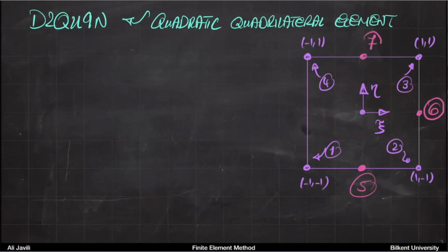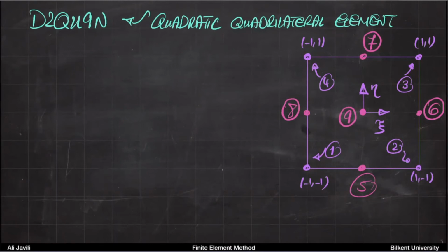And all of this is, by the way, in your natural coordinate system. This natural coordinate system is now xi and eta, right? It's not xi alone. This is node 8. And then node 9 is that center node, which coincides with the origin. Okay. So this is your quadratic element.